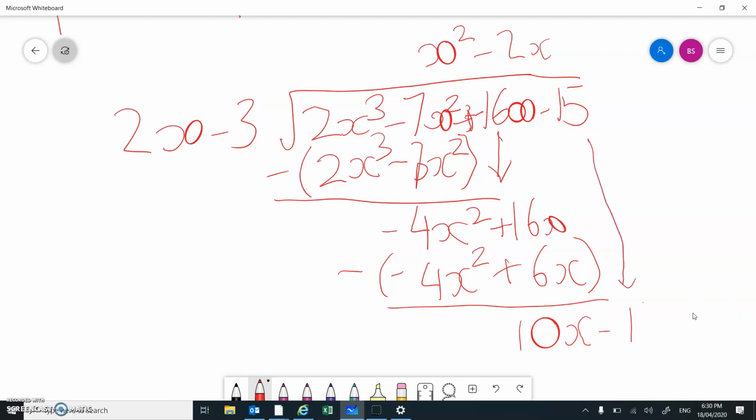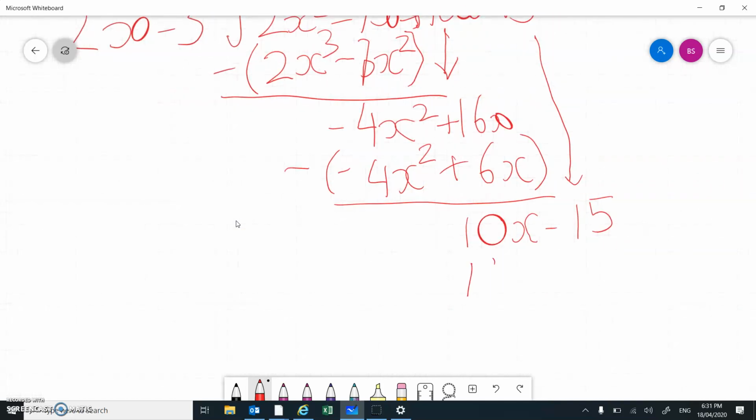So minus 15. Then we use this here. 10x divided by 2x is positive 5. Then we do our check. Positive 5 times 2x gives us 10x.